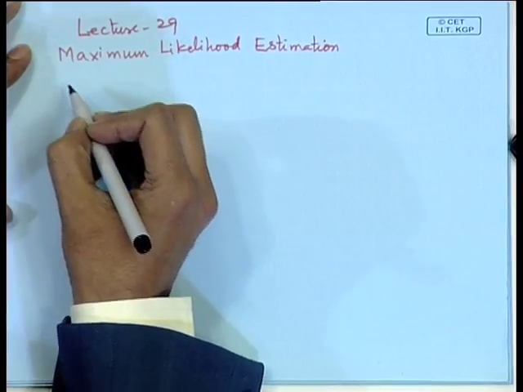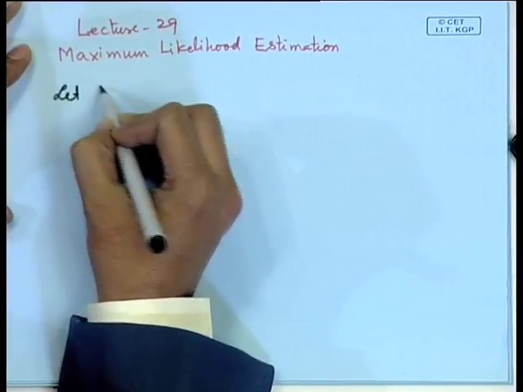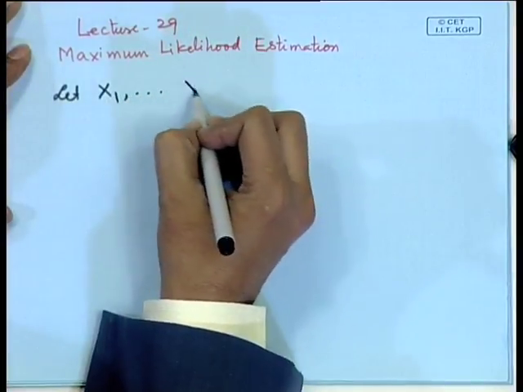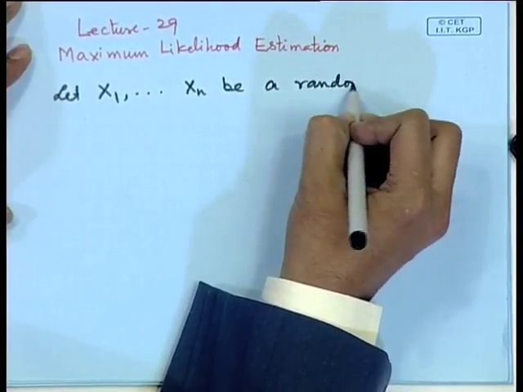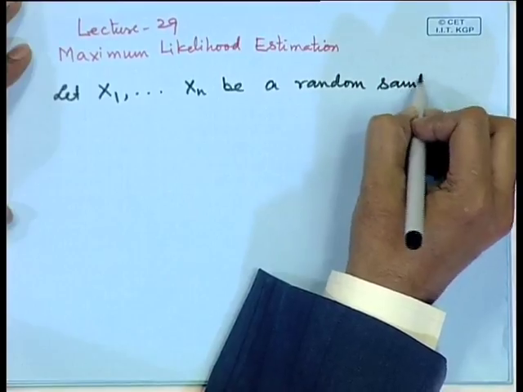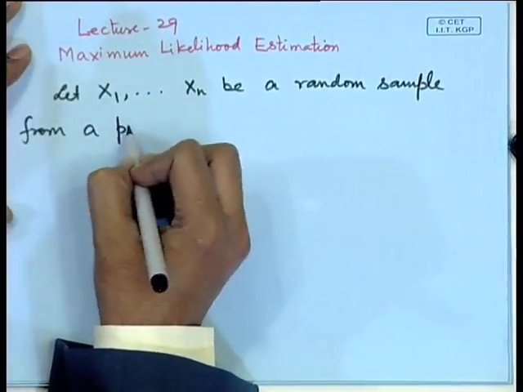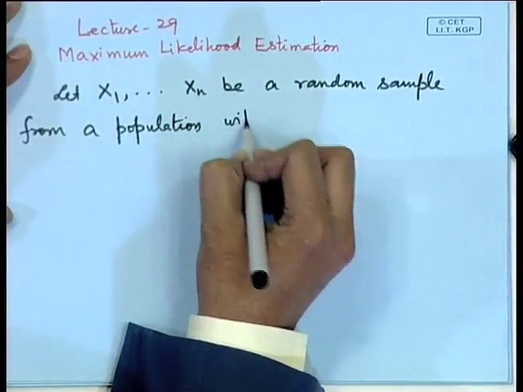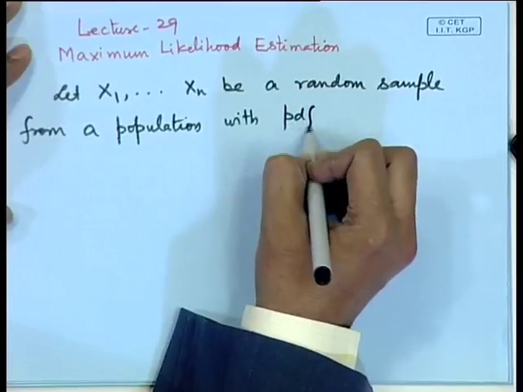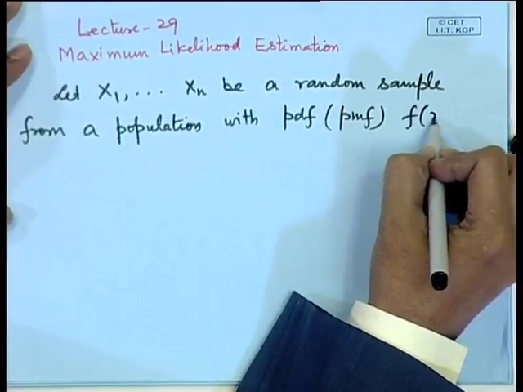So, firstly we define the likelihood function. Let X1, X2, ..., Xn be a random sample from a population with either PDF or PMF, say f(x; theta).